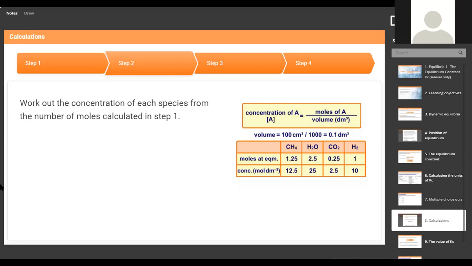So our volume would be 15.625. And so that is how we're going to work out our concentration of A, because we have our moles of A divided by our volume of the substances.